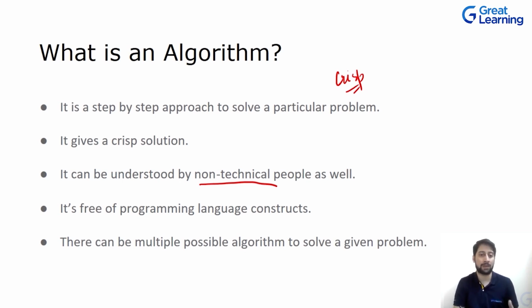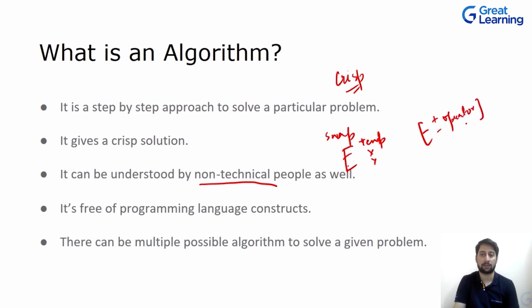Your problem can be complex or it can be an easy problem. It is free from programming language. There are multiple possible algorithms to solve a given problem. Let's suppose I told you to swap two numbers. One algorithm is wherein you create one temporary variable and then swap them. Another approach is to use addition and subtraction operators to solve the same problem of swapping two numbers, right?